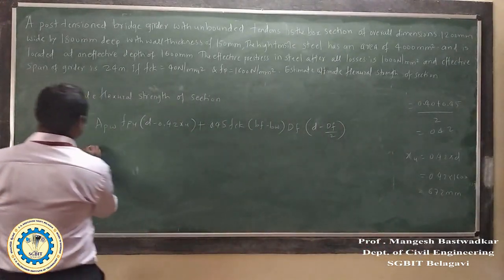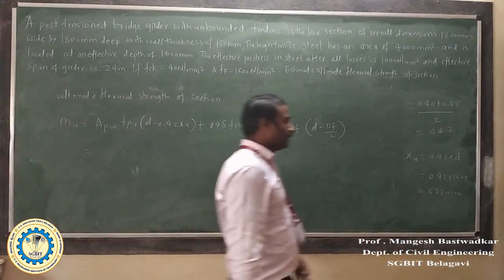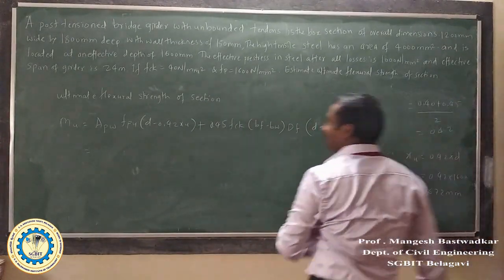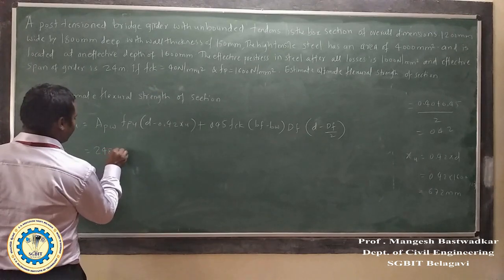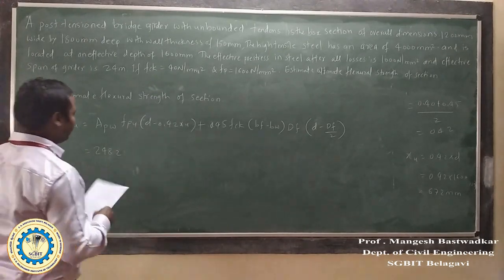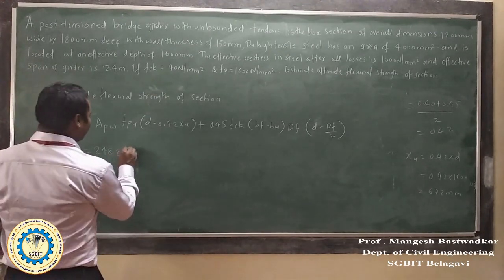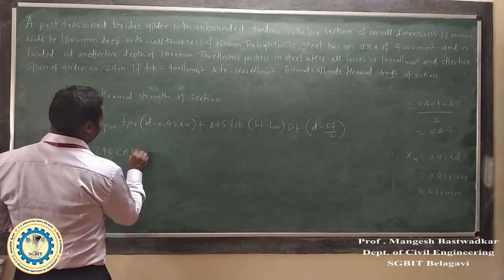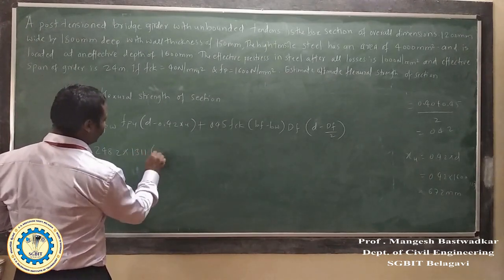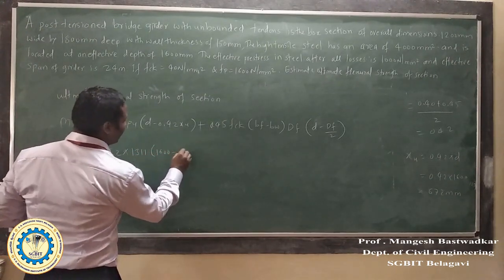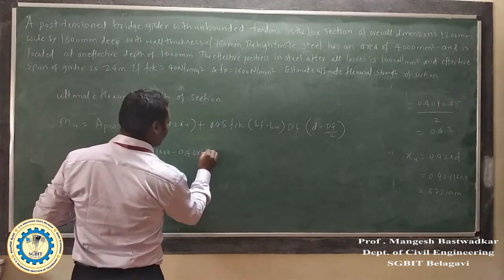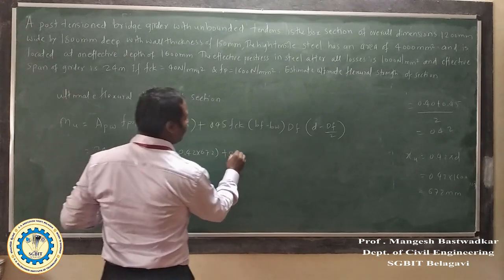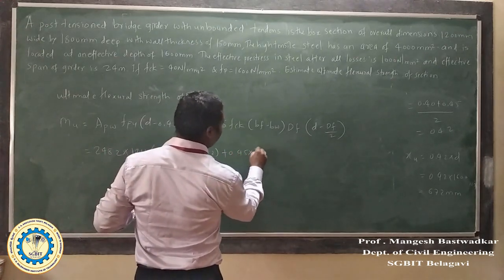Here APW we have got is 2482. APW means area of reinforcement in web portion. Then FPU we have got 1311. Then D is 1600 mm. Then 0.42 XU is 672, plus 0.45 FCK is 40.